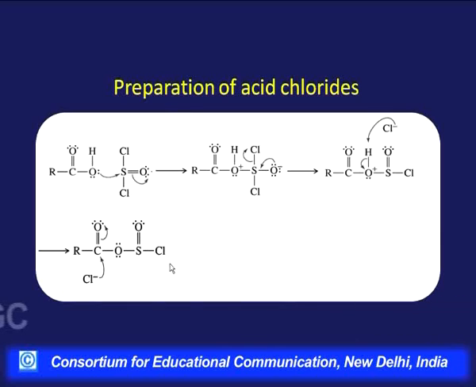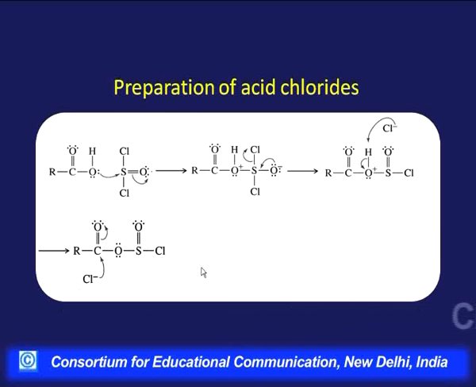As we have studied in SNi type of mechanism, it is the chlorine of the same molecule. They may attack this carbon and the pair of electrons goes here. Here I have shown this chlorine attacking, this pair of electrons goes there, and if this chloride is not there, it will be this chlorine with the lone pair of electrons attacking here.